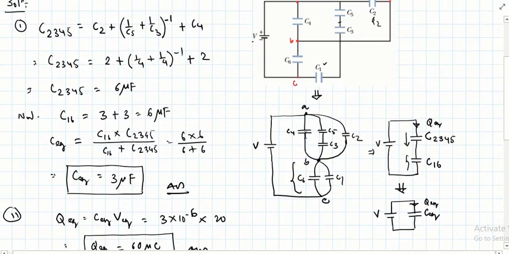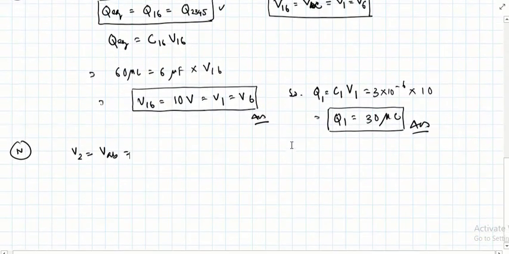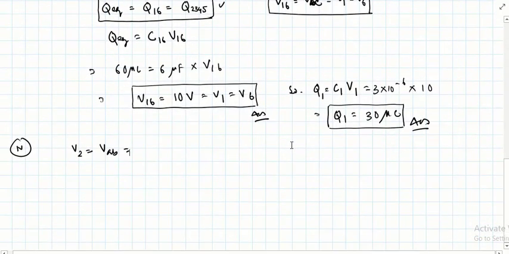V2 should be over here, A and B. I can write also the voltage V4, also the voltage V35. They should all be equal because they are in parallel.